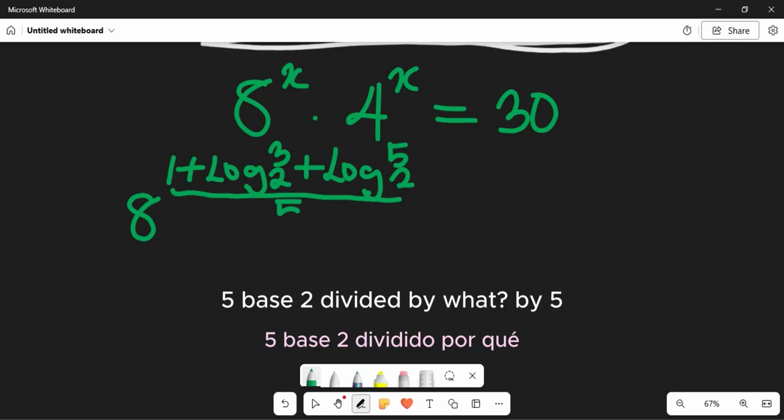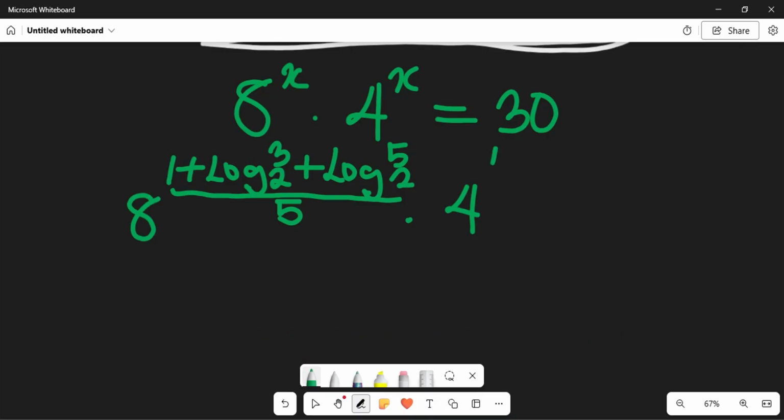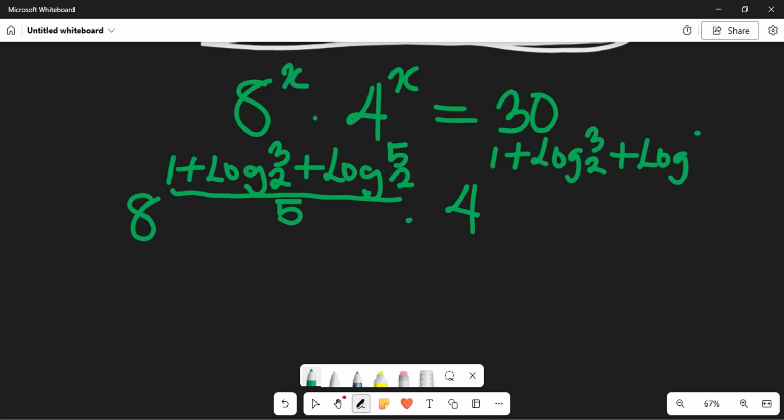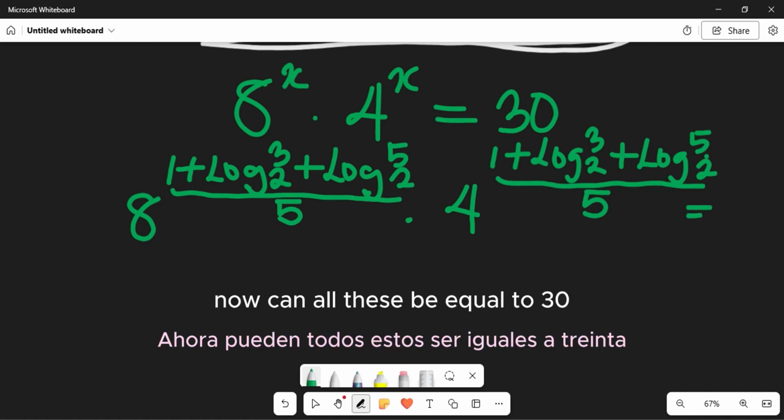By 5, and this will be multiplying 4 to the power of 1 plus log of 3 base 2 plus log of 5 base 2 divided by what? 5. Now, can all these be equal to 30?